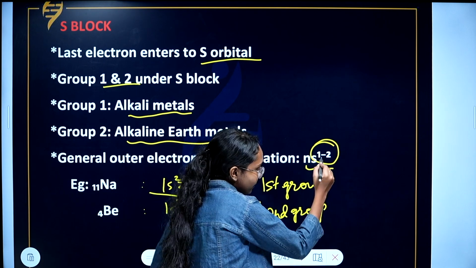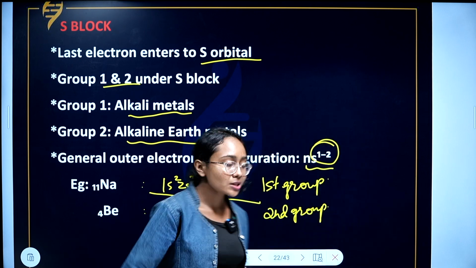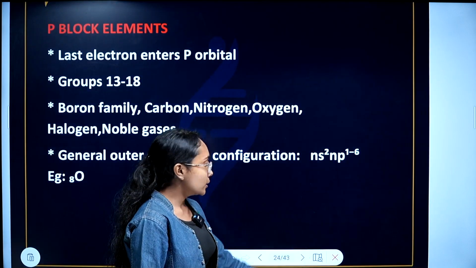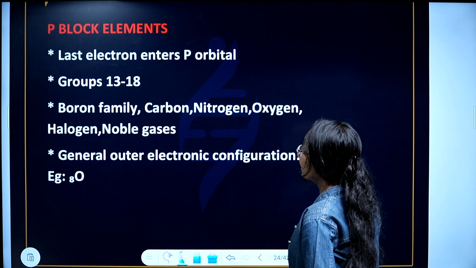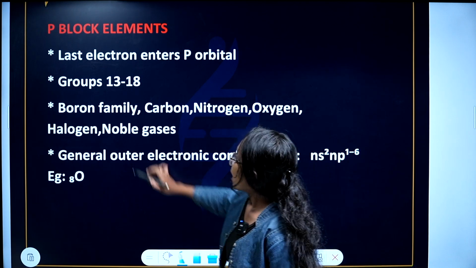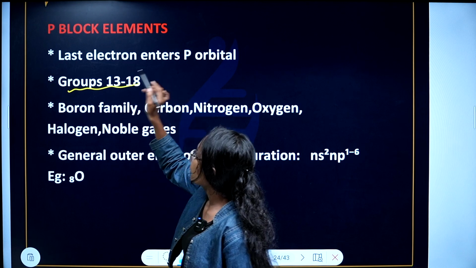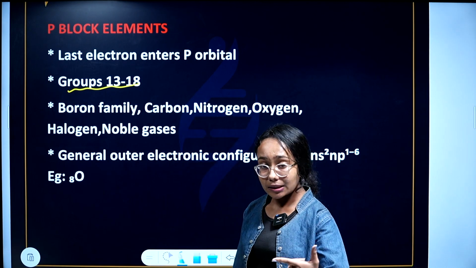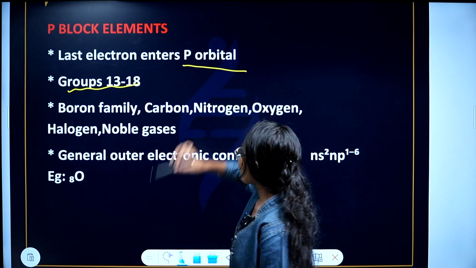So the group number is the same as the number of electrons in the outermost S subshell. Now the p block elements. P block elements are usually in groups 13 to 18, where the last electron enters the p orbital.